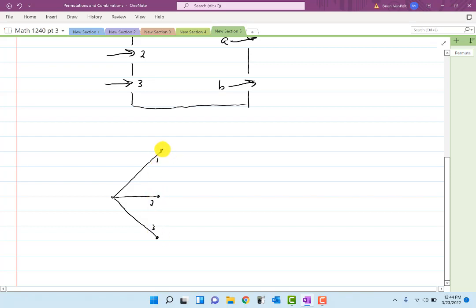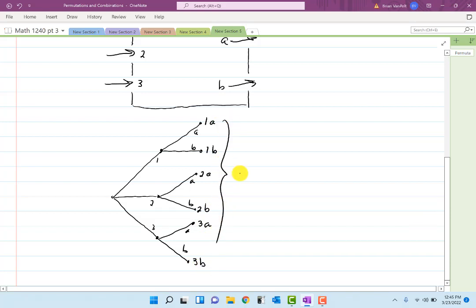And then from each of those, you could make the choice of doing A or B. And so you can see if I label each of these, then if I go along this first arm, I'm going to have 1A, that's one particular outcome. Then 1B, 2A, 2B, 3A, and 3B. 6 outcomes.